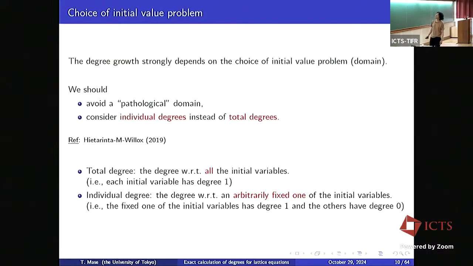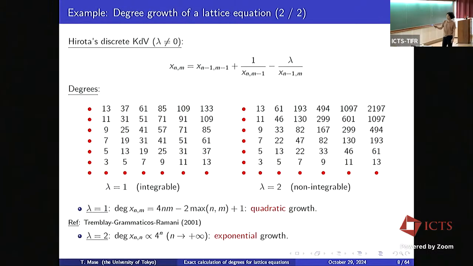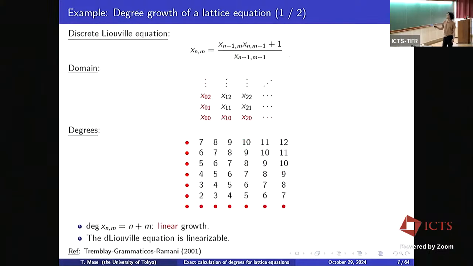Okay, but before going to the main part, there is another important remark. In the case of lattice equations, the degree growth strongly depends on the choice of initial value problem. So before, I took this domain, like the first quadrant, and this is also the first quadrant.